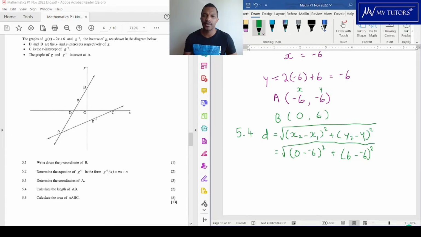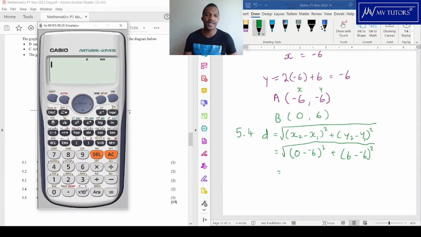Shut that down. Now, I like to put this once in the calculator, exactly as it is. 0 minus negative 6, close, square, plus open brackets 6 minus negative 6, close, square, equals.